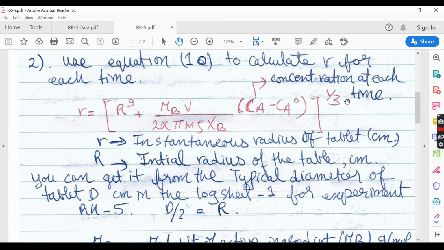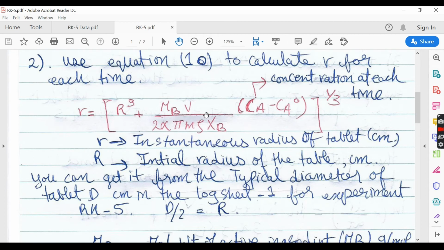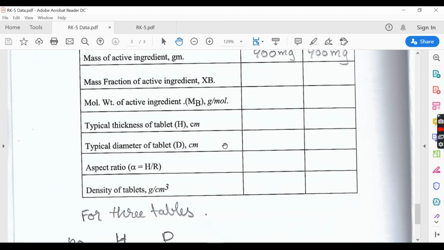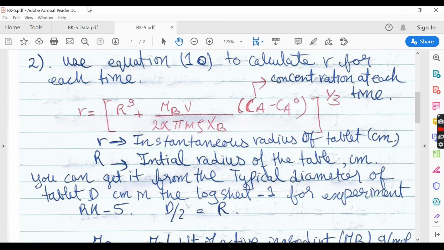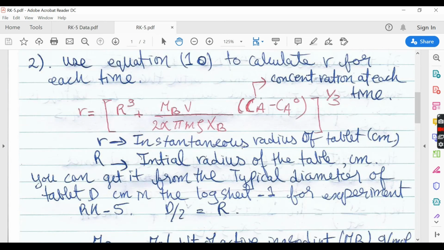Ca here is the concentration at each time, and Ca0 is the initial concentration. 2 alpha is the aspect ratio, which you should get from here. Pi is pi, m is the number of tablets, rho is the density, which you should calculate from here. And then xp is the mass fraction, which you will calculate here.